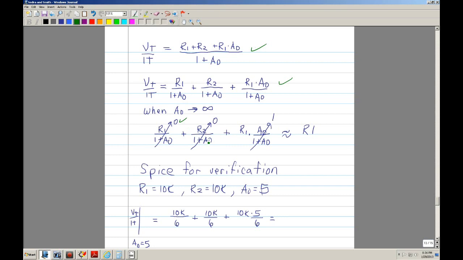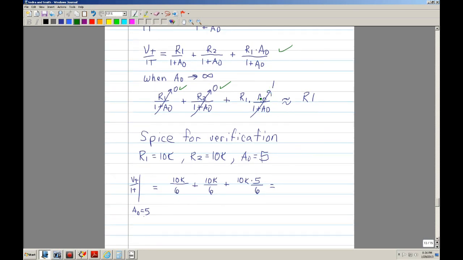Same here, A sub O goes up to infinity, that goes to 0. Now if you look at this term, A sub O divided by 1 plus A sub O, it actually goes to 1. So basically it's R times 1 equals R1. All of this equation is equal to R1.